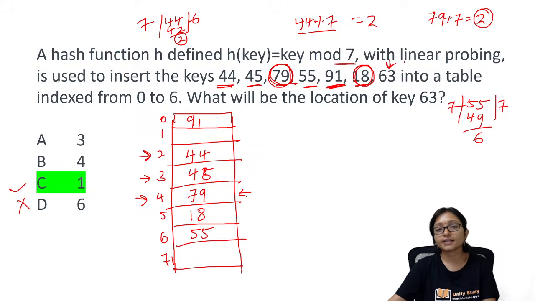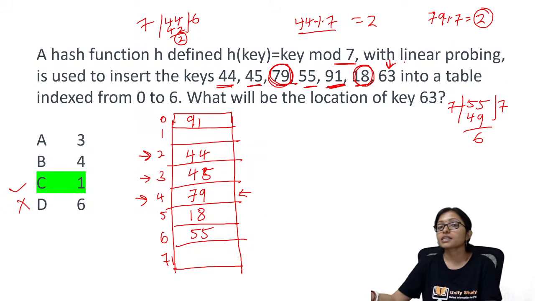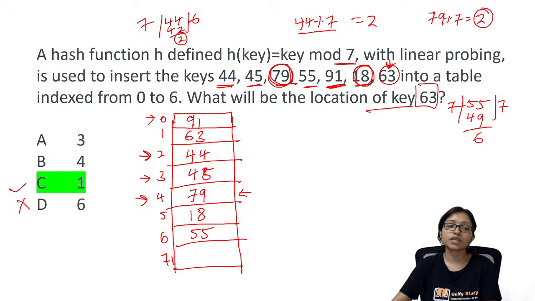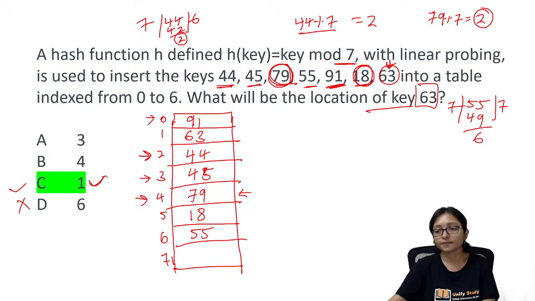Finally 63. 7 9s are 63, so it goes to 0, but here is a collision. That's why 63 is coming here. It was asking the location for 63. So the location for 63 will be 1.